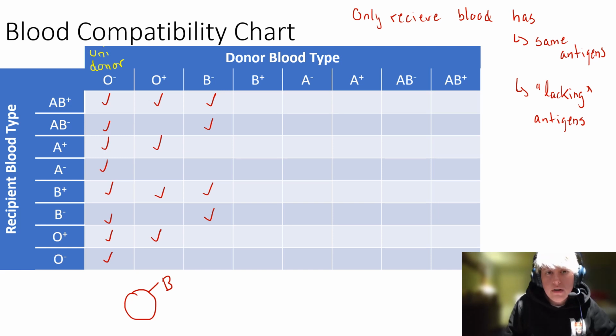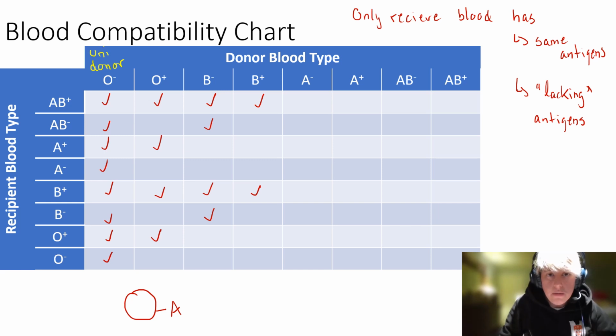Now, if my donor blood is B positive, that means I have two blood antigens on it: the B antigen and the RH antigen. So I can give it to my own blood type, B positive, and I could also give it to AB positive, because AB positive has the B antigen and the RH factor. If we're looking at A negative, A negative would just have the A antigen on it.